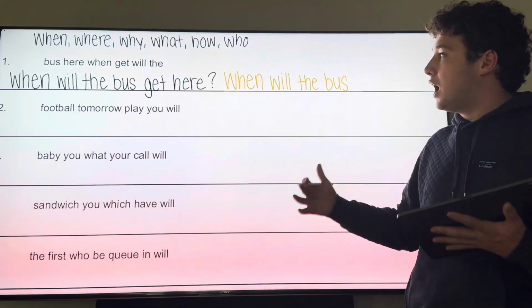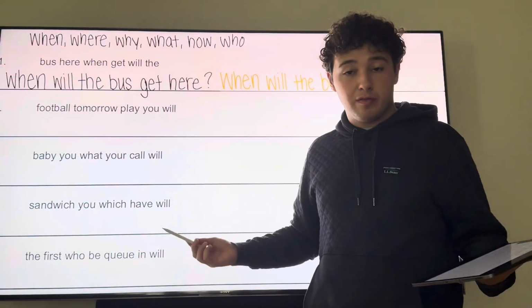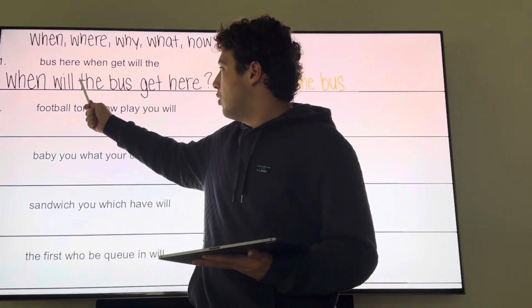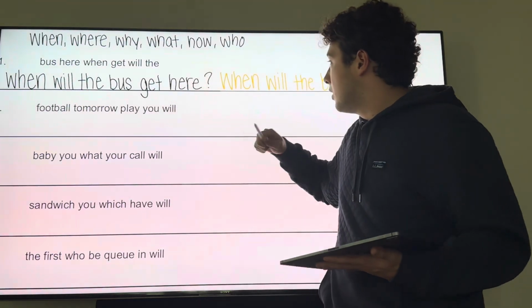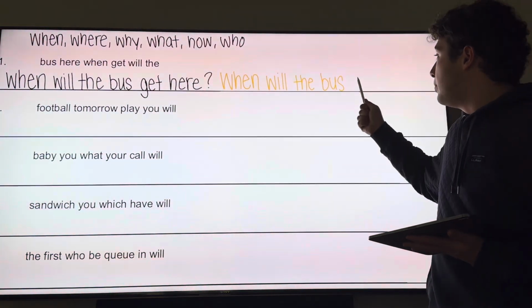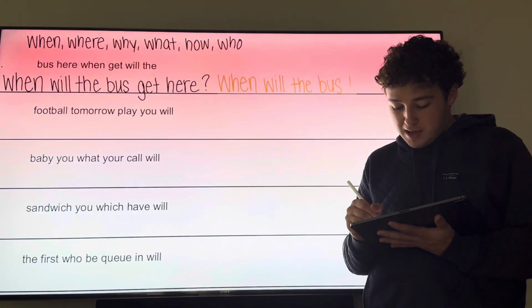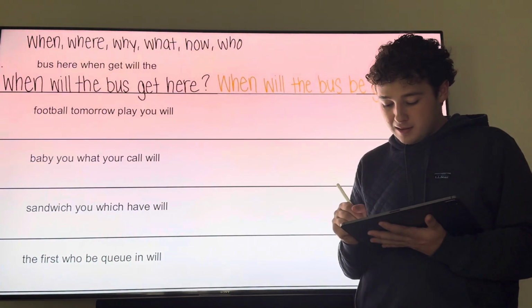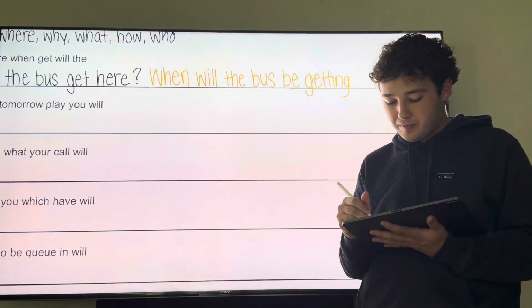But instead of get, because in future simple they have will and then verb, you'd have to do will be, verb with ing. When will the bus be getting here?